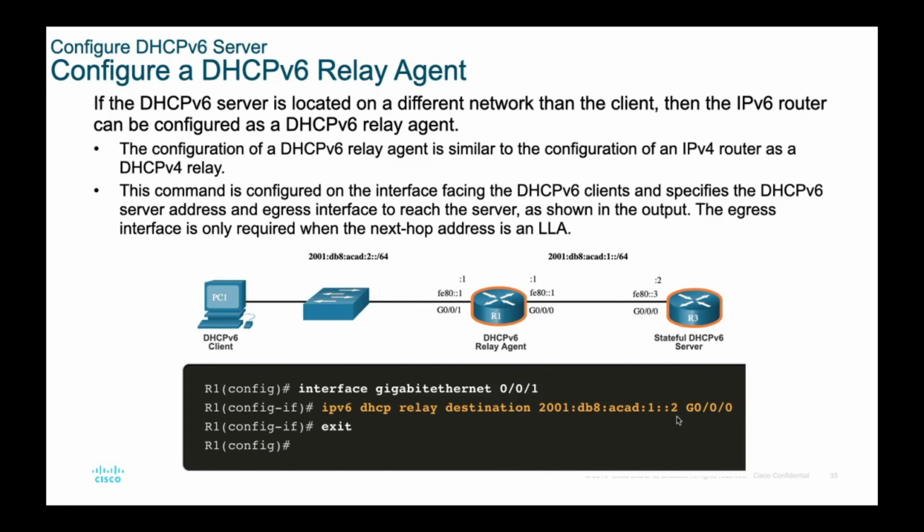So you give the IP address, followed by the interface that we are going to go out through, which is G0/0/0. Okay, but it doesn't say the interface of R3. Actually, this is the interface of R1 that we go out through, G0/0/0. So that's all.